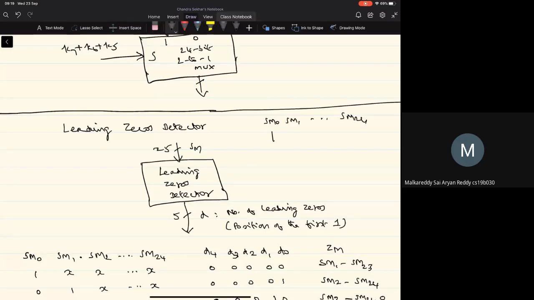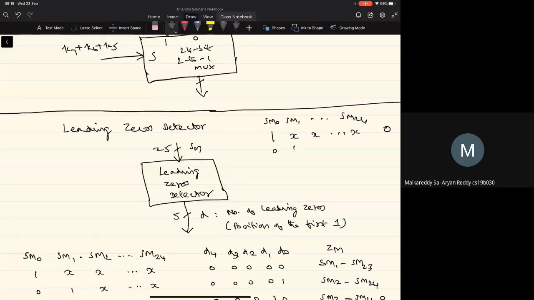Now, if this is 1, then irrespective of what the other bits are, this is the position of the first one. What is the number of leading zeros here? The number of leading zeros is 0, because there are no zeros before the first one.